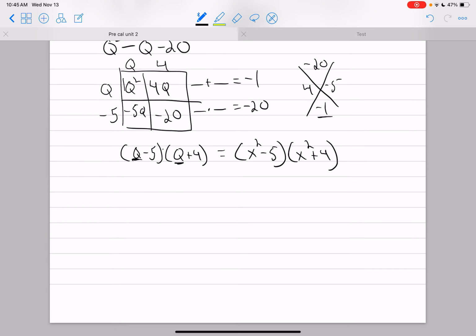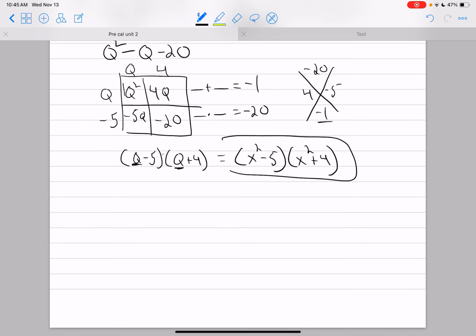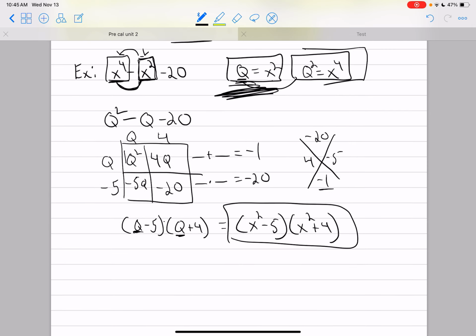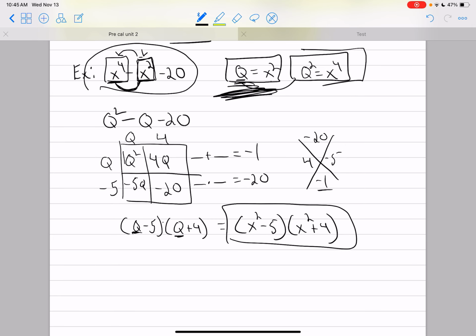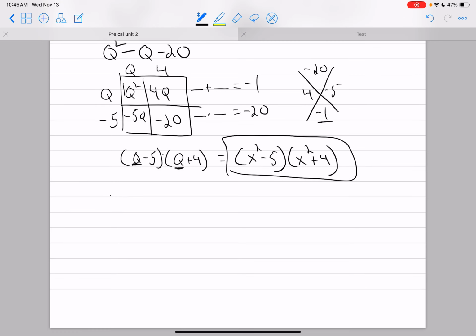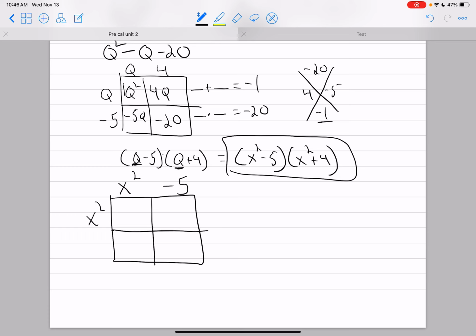Let's just go ahead and check to see if that works. Let's see, does this actually equal this? So let's multiply it. Easy work. Boom, boom, boom, boom, boom. X squared minus 5, x squared plus 4. This is x to the fourth.